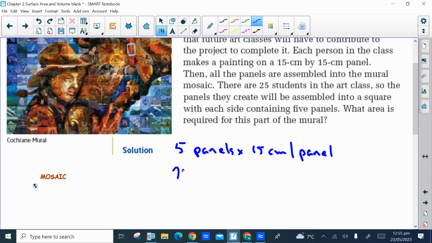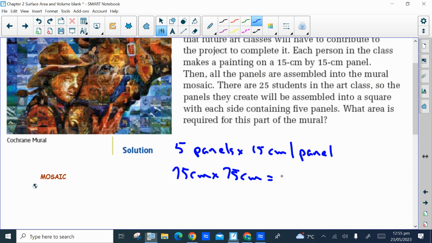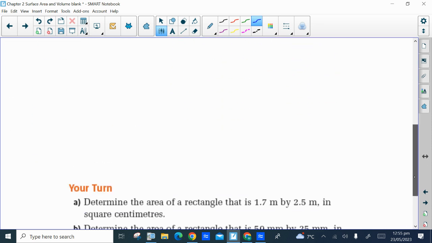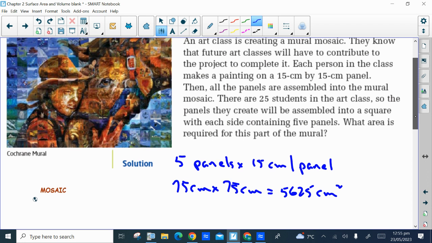So it'll be 75 centimeters by 75 centimeters. That will be the dimensions of that mural mosaic. And if you go 75 times 75, that's 5,625 centimeters squared. And that's all it asks us to do for that.